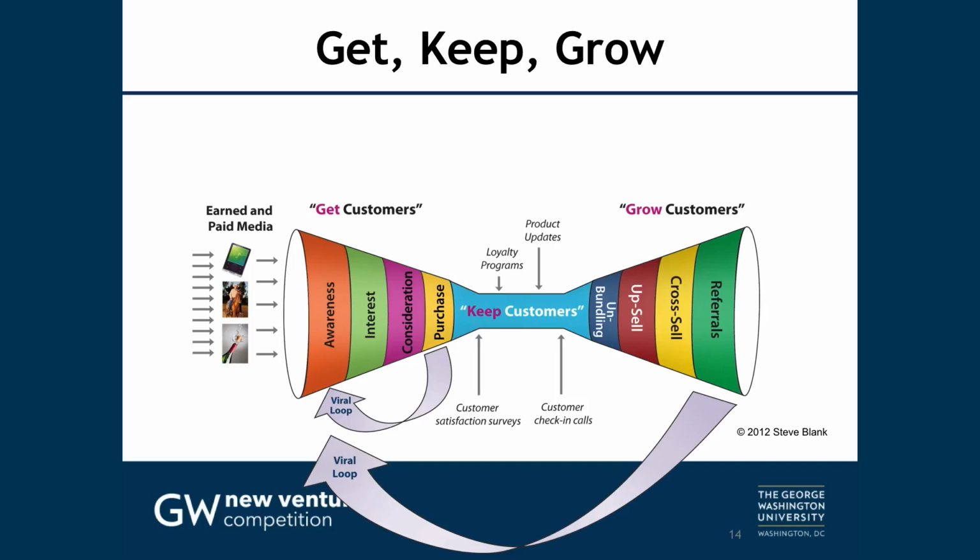Second phase is in the middle. This is keeping customers. And there are techniques for this. You can do loyalty programs, you can do product updates and new features, checking in with customers on a regular basis, having a user group, doing customer satisfaction surveys. Lots of things you can do to hold on to those customers. And it's important because typically keeping a customer is much less expensive than getting the customers in the first place, right?